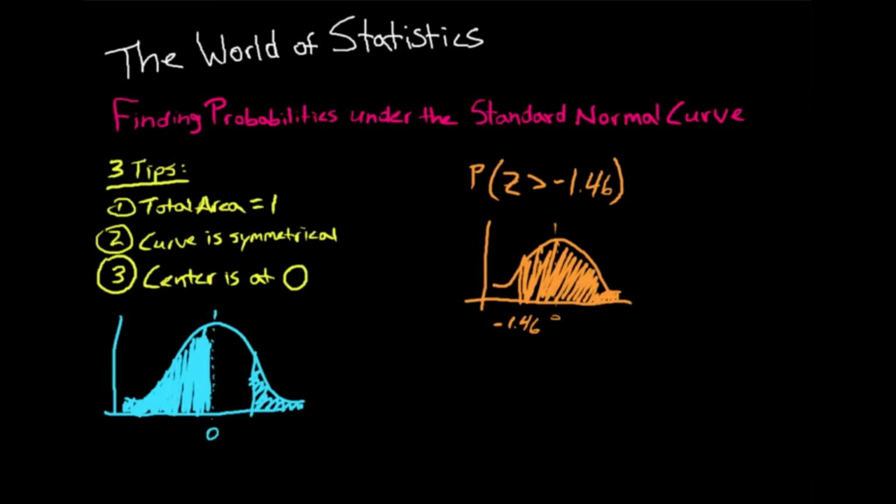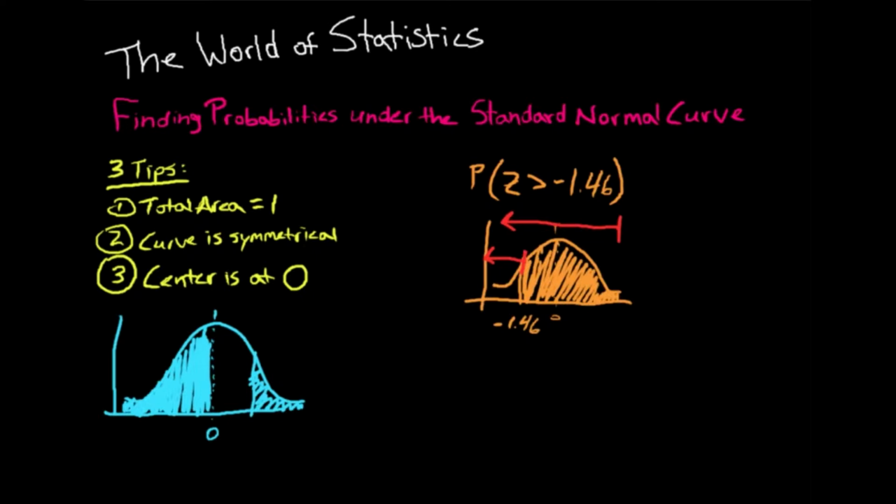So how do we do that? Well, we have to think about one of the tips that we talked about in the beginning, that the total area under our curve is equal to 1. So if we know that the total area is equal to 1, we can take 1 minus the value that's less than our critical value, which would give us everything to the right.